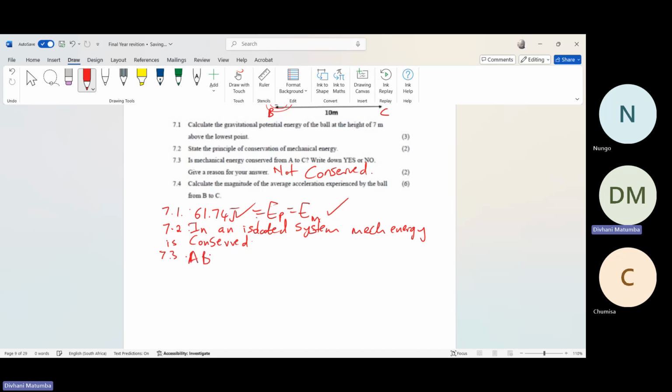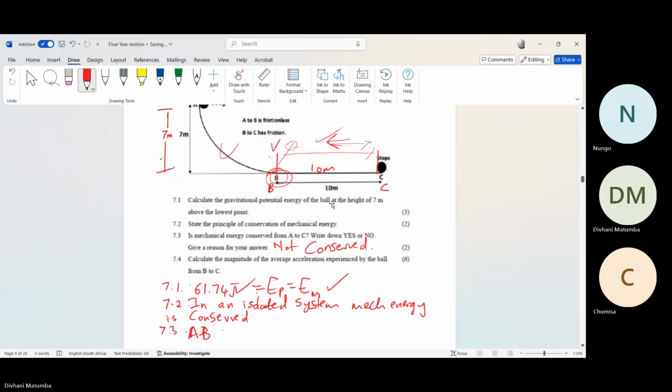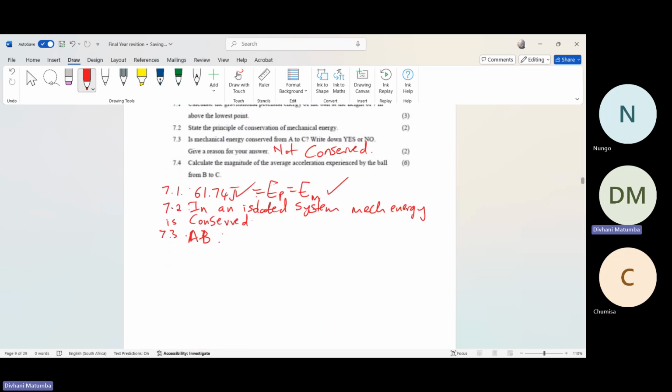Between A and B, that is the first scenario. Between A and B, we know that mechanical energy was conserved. Nungo, do you agree with that? Yes, sir.